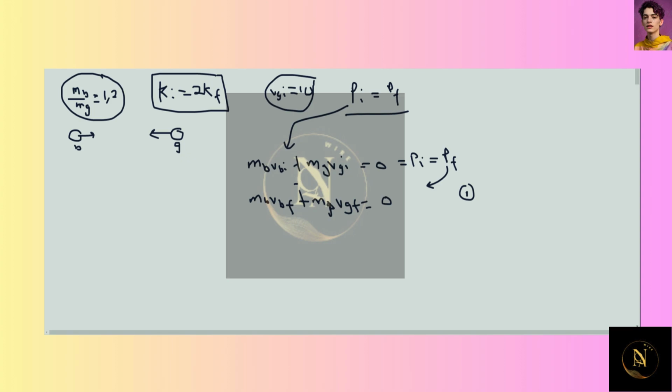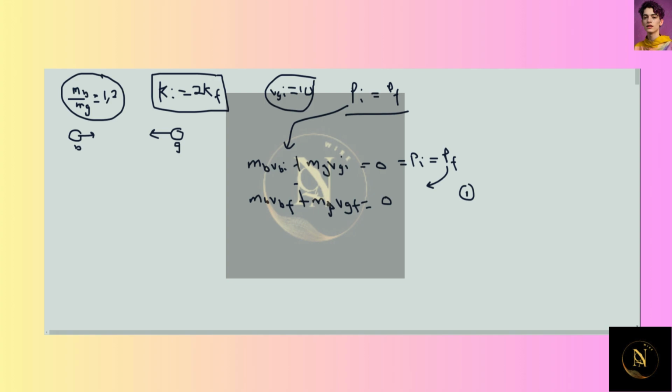So the next step is to now account for the kinetic energy of the system. So we can further simplify this if we want, because we know what the ratio of the masses is. So we know this is mB, this is mG, that's 0 over there.